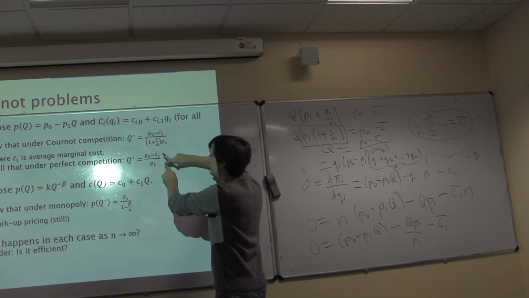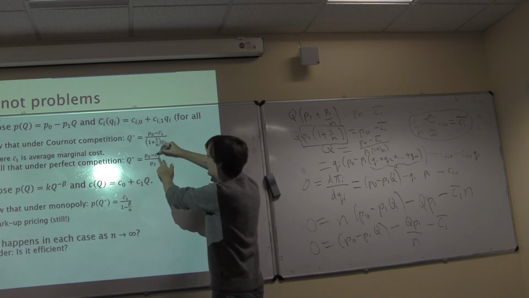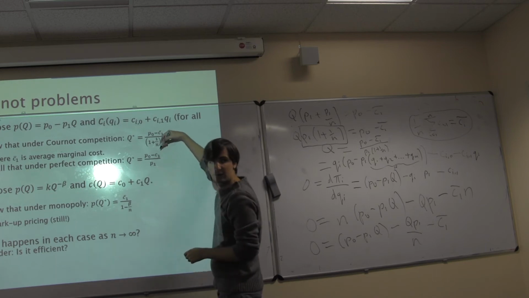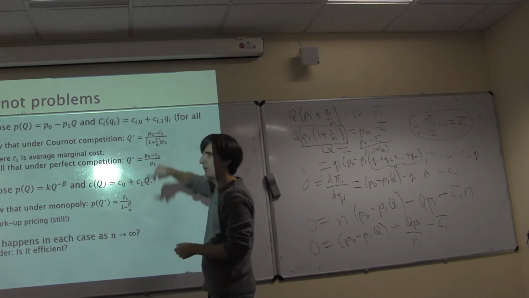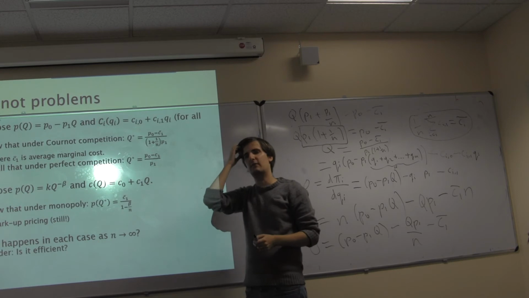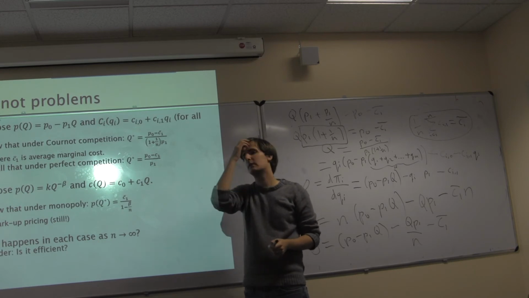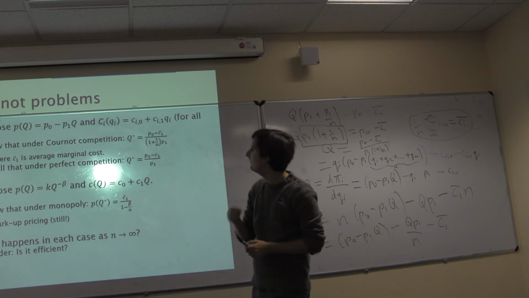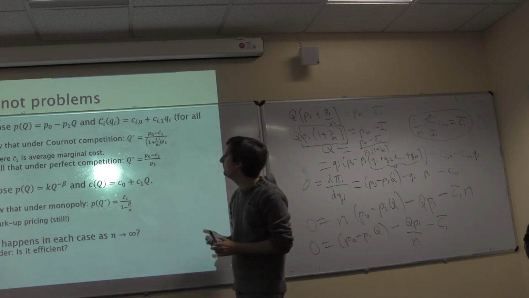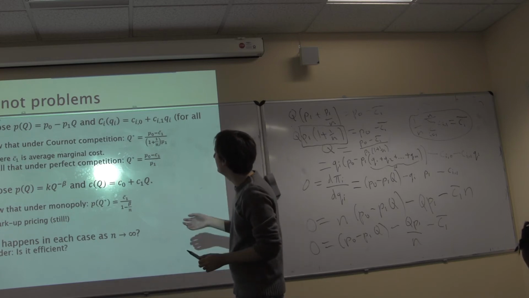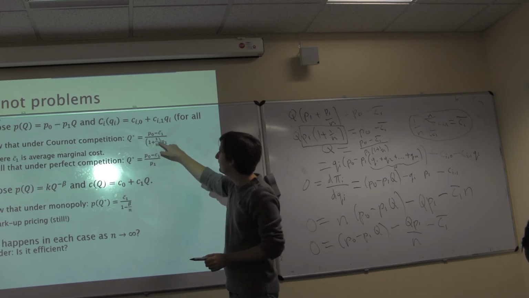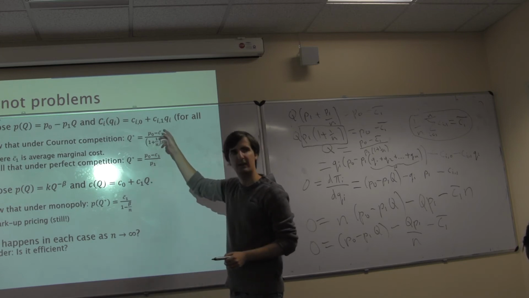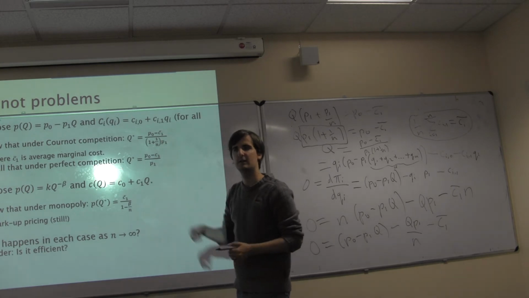The only difference is, under perfect competition, what matters is the lowest marginal cost, whereas under Cournot competition, what matters is average marginal cost. But in fact, as n increased, some of these Cournot firms would probably leave the market as well.